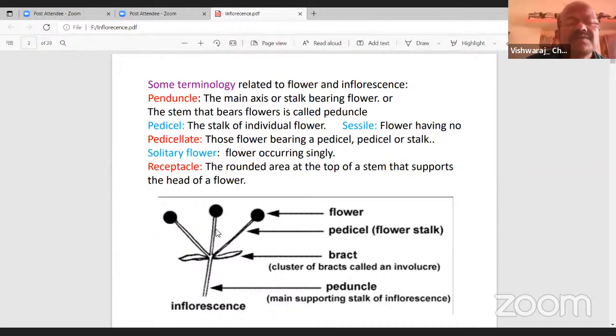In this plant, 3 pedicels, and each pedicel produces a flower on its apex. Pedicel is a stalk of flowers. These are flowers number 1, 2, 3, and on the base of these pedicels, a leaf-like structure develops, that is a bract.